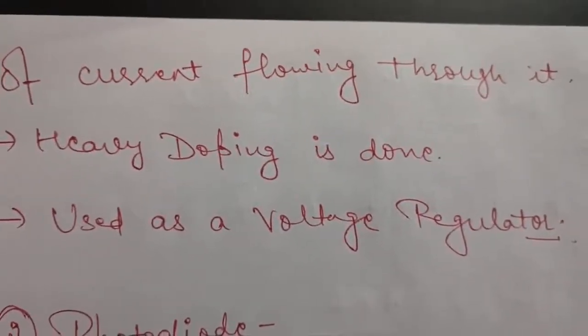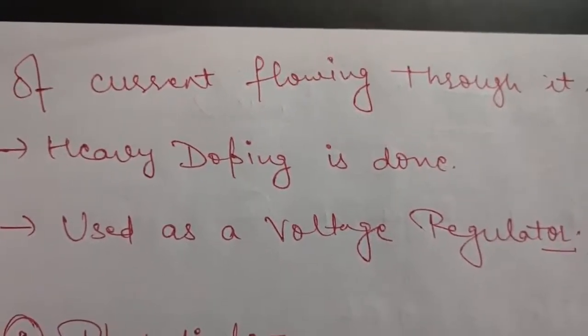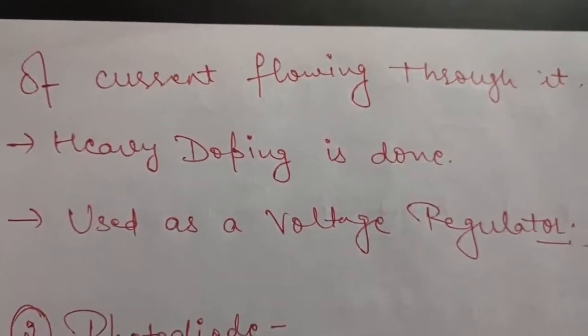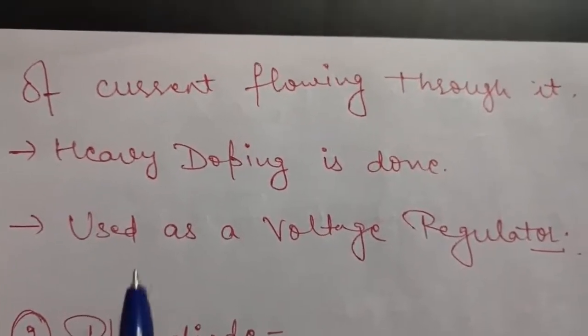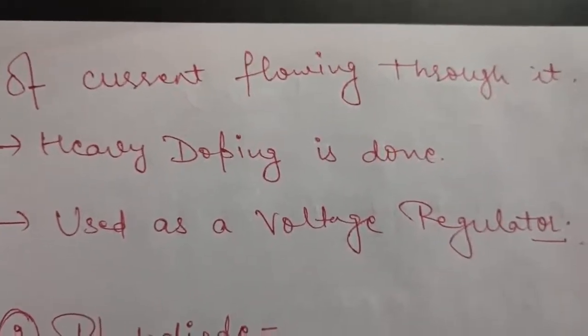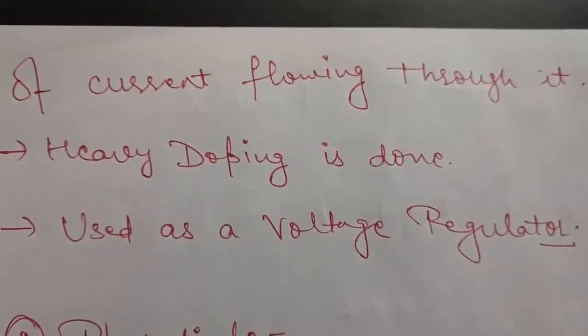Therefore this Zener diode can be used as a voltage regulator, which is your fourth point. It is used as a voltage regulator because voltage across it is independent of current flowing through this Zener diode.